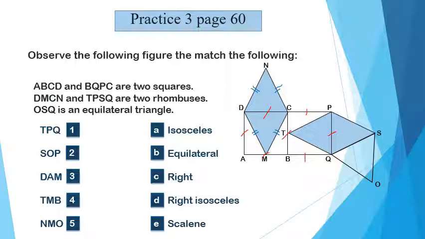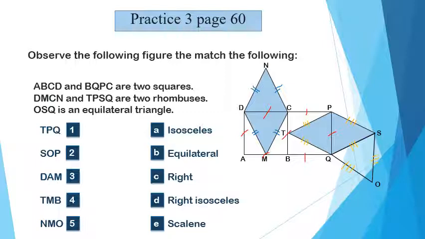It's also a rhombus, so I can say that TP equals, I will put 3 dashes to inform that they are equal, TP equals PS equals SQ equals QT. Third line, OSQ is an equilateral triangle, and since SQ is equal to the other sides, I'll use the same sign: SQ equals QO equals OS.